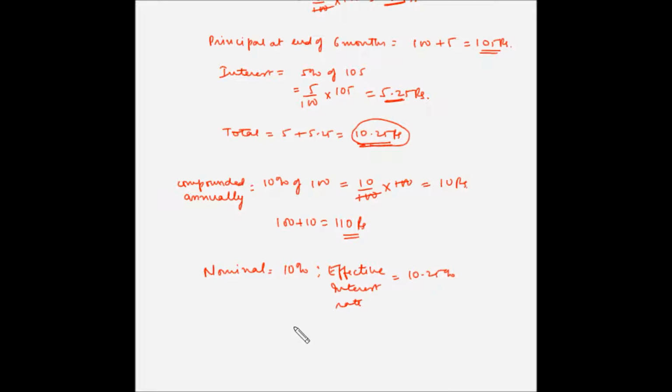Now, a point to be noted is that if the compounding period was annual and if the annual interest rate was 10.25%, then the interest amount would be 10.25 rupees. So if we know the nominal interest rate and the number of compounding periods per year, then we can find out the effective interest rate by using the formula 1 plus i to the power n minus 1.